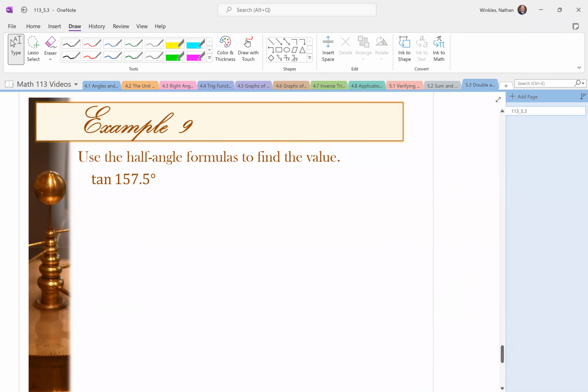So we're told use the half angle formula to find this value. That means that alpha over 2 is 157.5. That means that alpha is equal to 315 degrees.